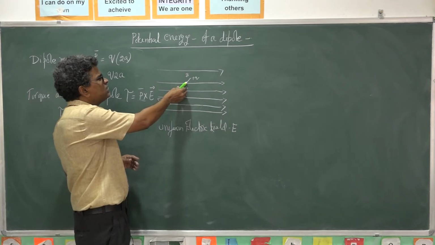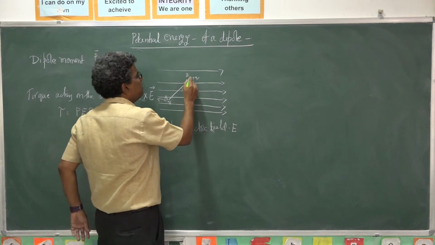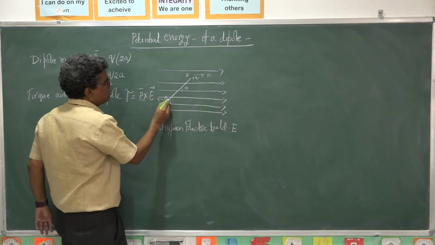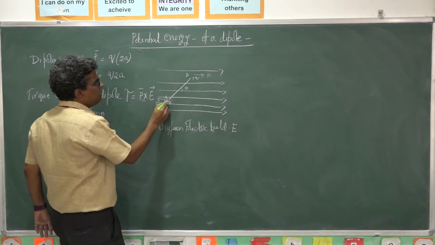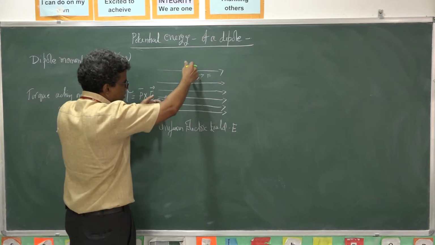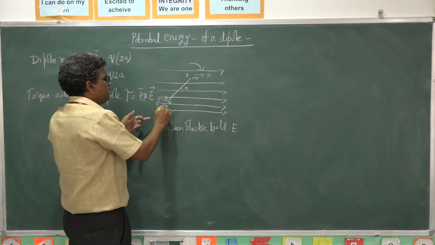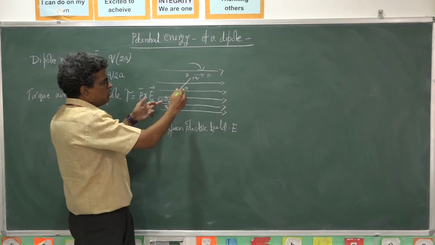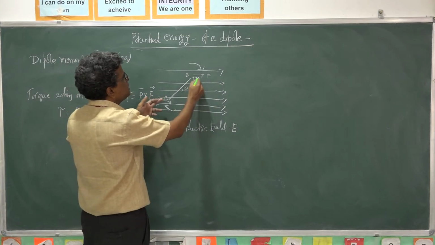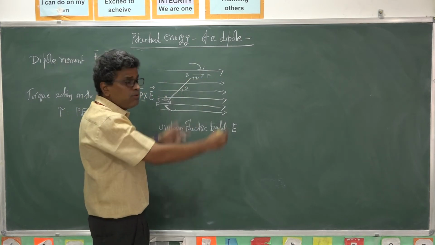Suppose the force acting on the dipole is in this direction, so it has a tendency to rotate clockwise. So we have to rotate it against the field.